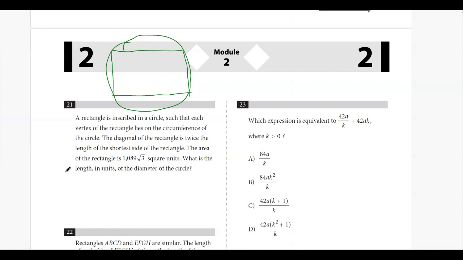What is the length in units of the diameter of the circle? And we know that this is the radius, and the diameter is D equal to 2R. So in this case, 2x.